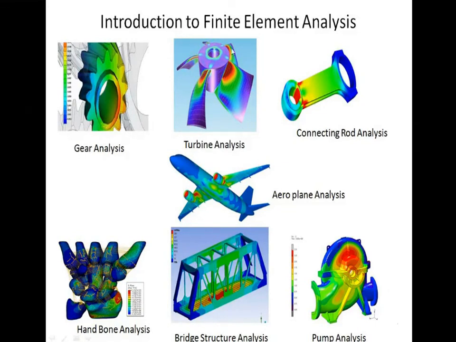There are color contours which show the intensity of the pressure or the displacement or distortion. Similarly, there is the connecting rod example, which is used in combustion engines of vehicles. It undergoes thermal distortion or thermal loads along with forces. That can also be predicted using finite element.